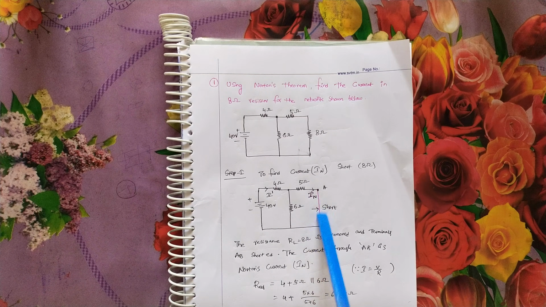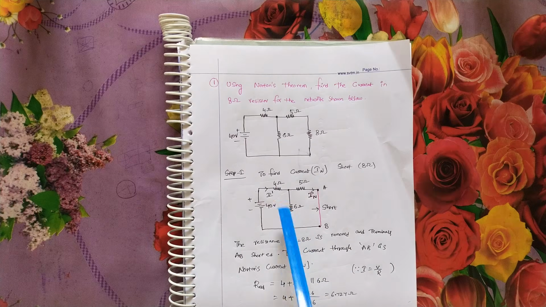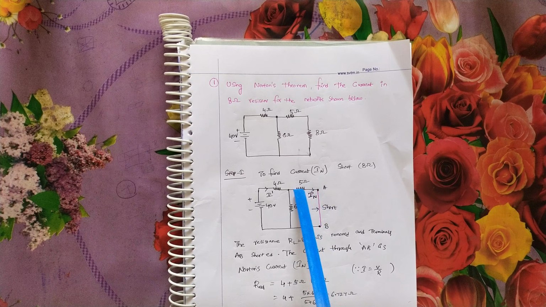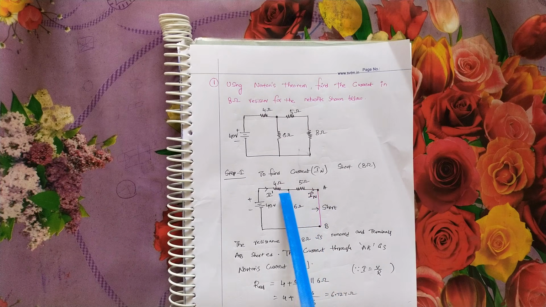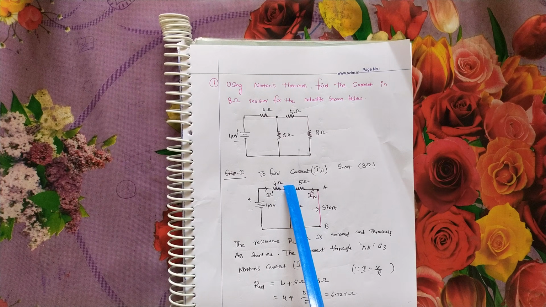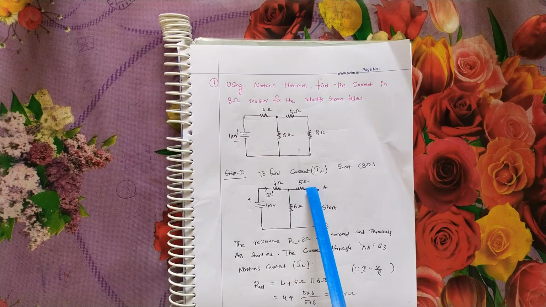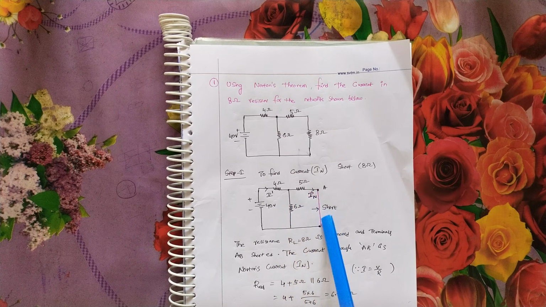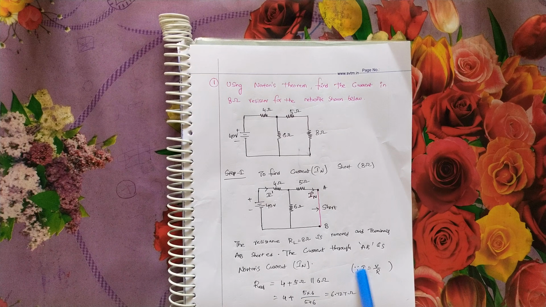For this circuit, if you short like that, the 4 ohm is in series with the parallel combination of 5 ohm and 6 ohm. Suppose I dash is the current coming, after that it is dividing. R equivalent is 4 plus 5 ohm and 6 ohm in parallel, because we have to calculate Norton's current, I equal to V by R according to Ohm's law.